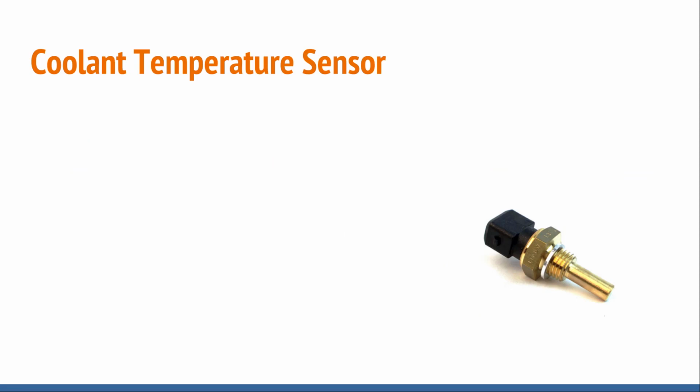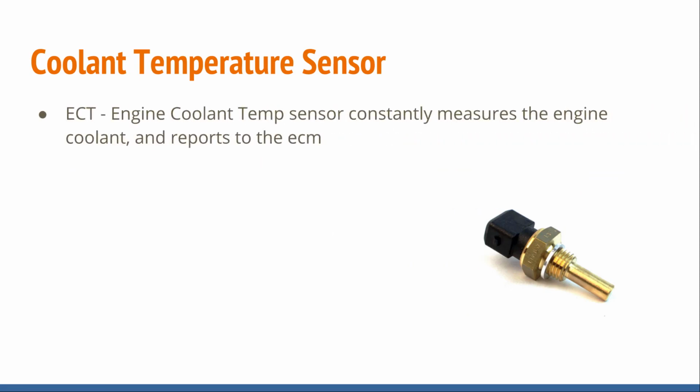Okay, so that was confusing. Let's talk about an easy one here. Coolant temperature sensors. So ECT, engine coolant temp sensor, is constantly measuring the engine coolant, and it reports to the ECM. Now these sensors can and do fail, so always watch these things.